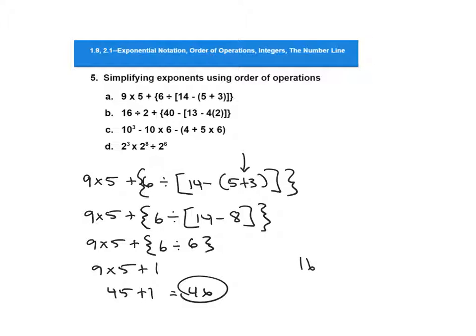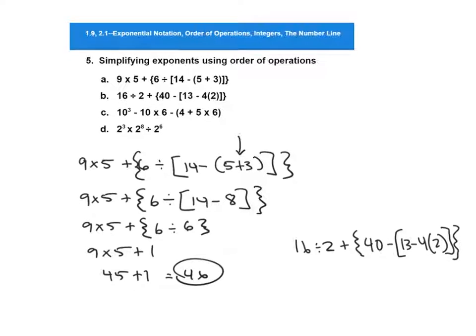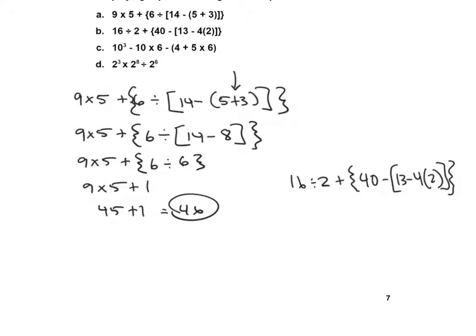So 16 divided by 2 plus 40 minus 13 minus 4 times 2. Close off the bracket, close off the braces. So innermost, you're looking right here, so that's 4 times 2.